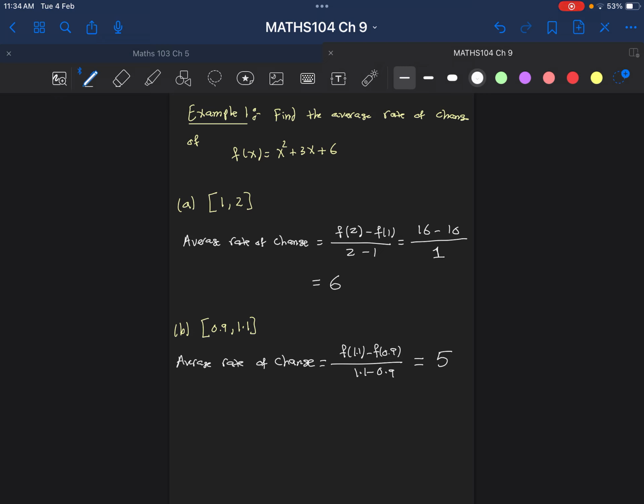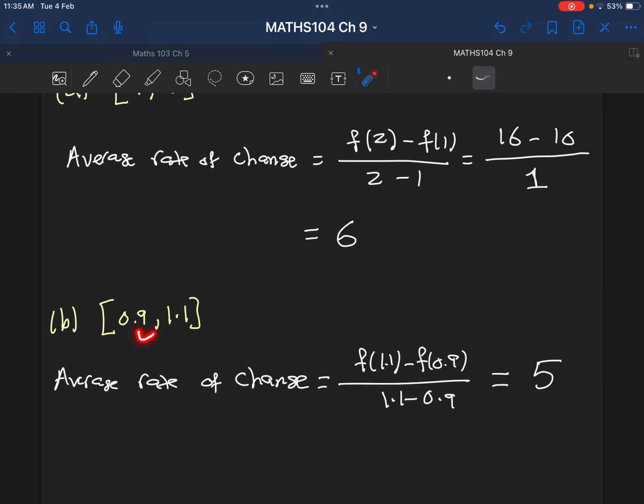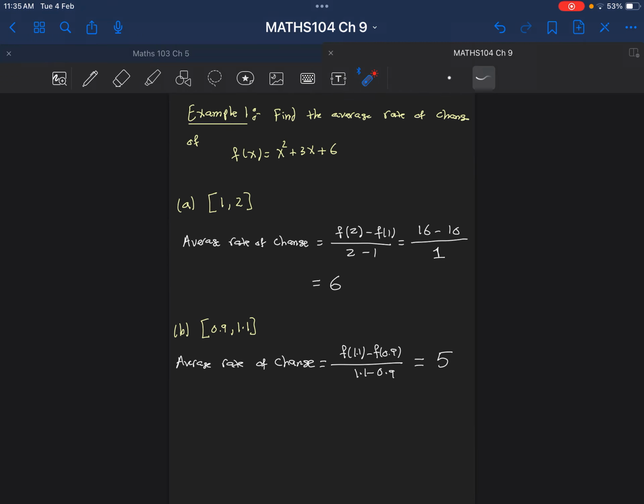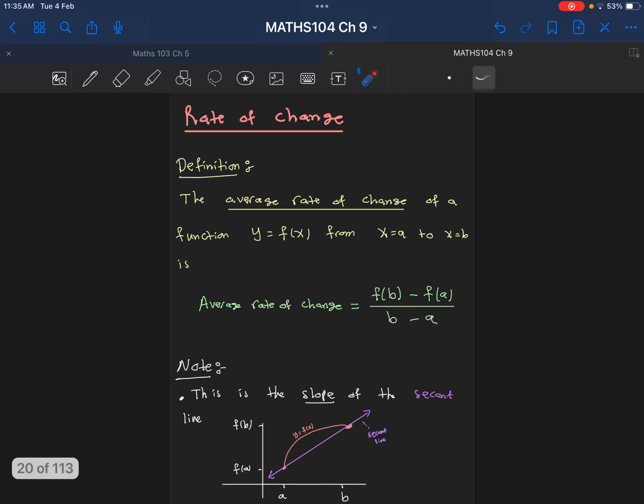So that's the average rate of change, which means for every increase of 1 unit on the x-axis, the y-axis will increase by 6 units. Similarly here, for every increase of 1 unit, the average increase on the y-axis would be 5.